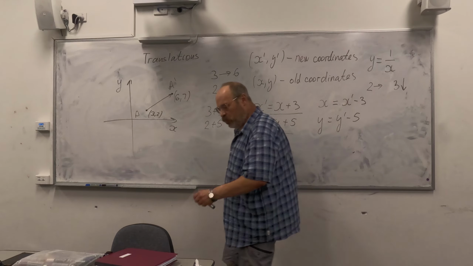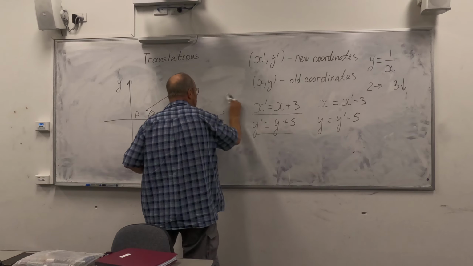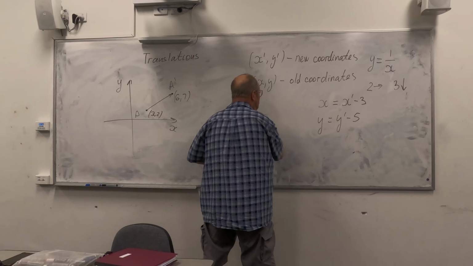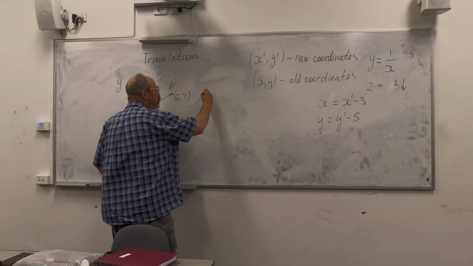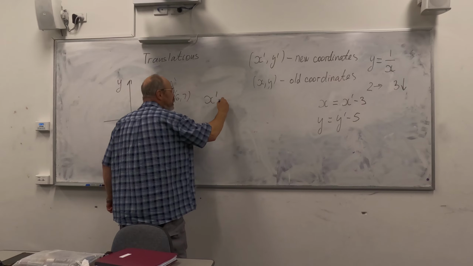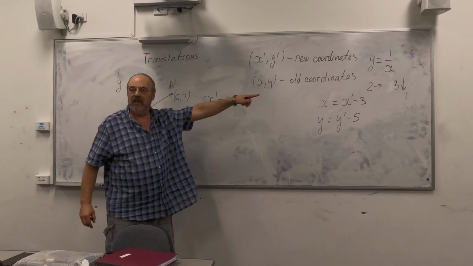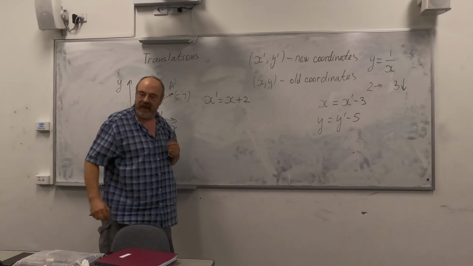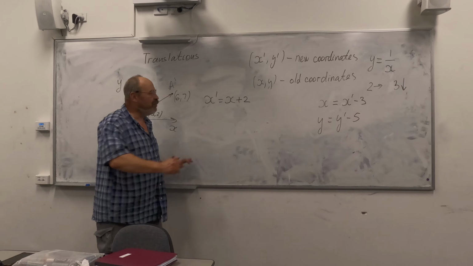So what will the new x coordinate be? What do we do with x? We move it 2 to the right, so we added 2. What happens with y?